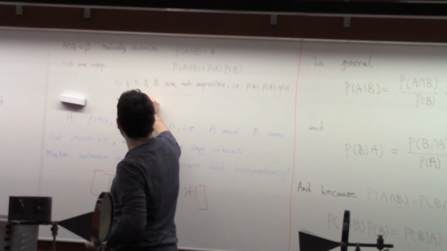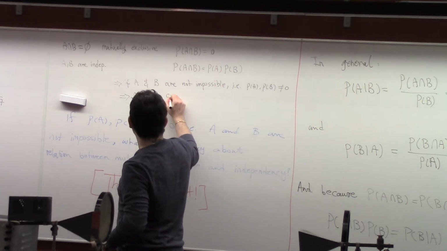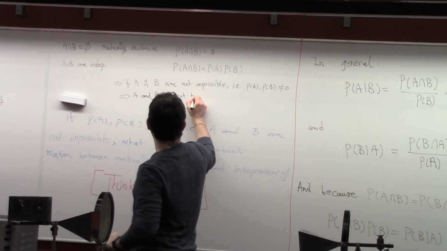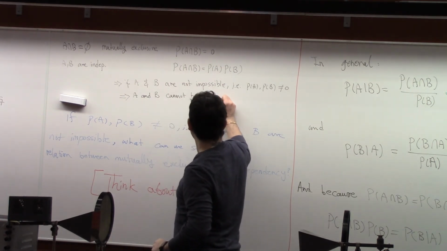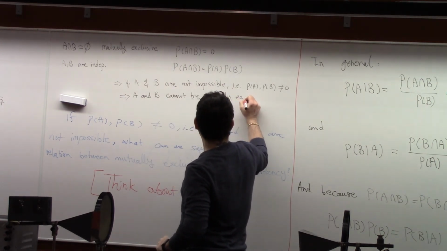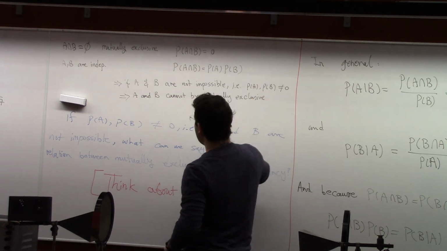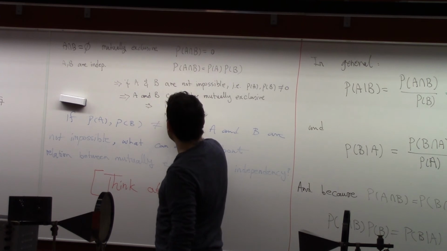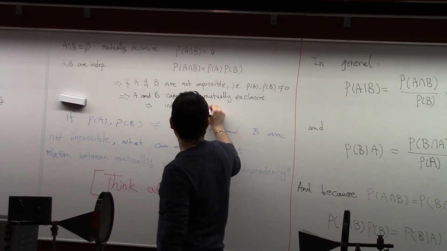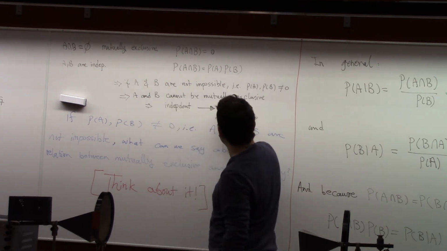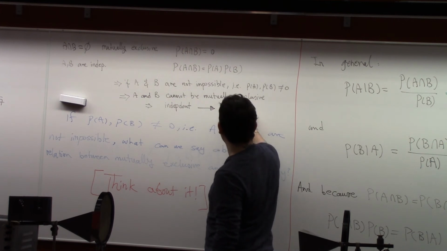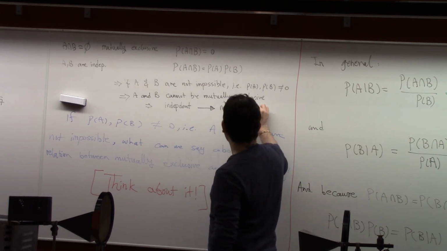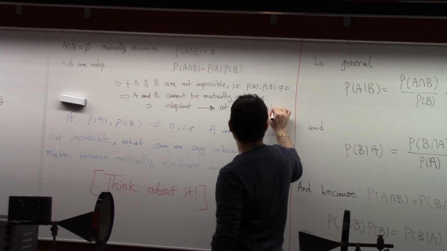Then A and B cannot be mutually exclusive. In other words, I can write that independent means not mutually exclusive.